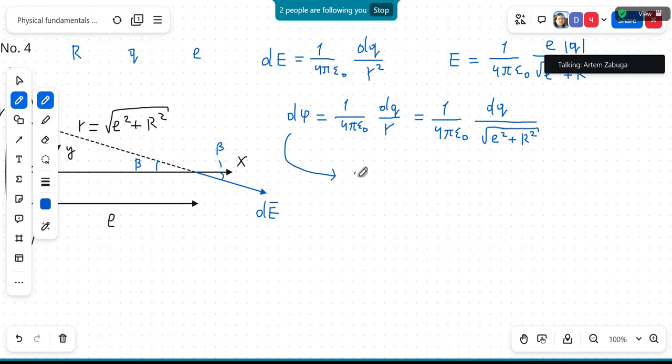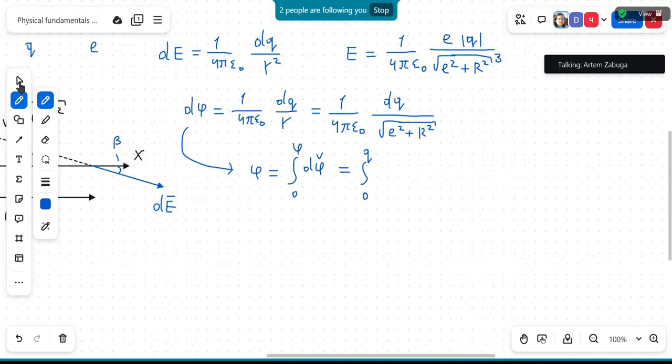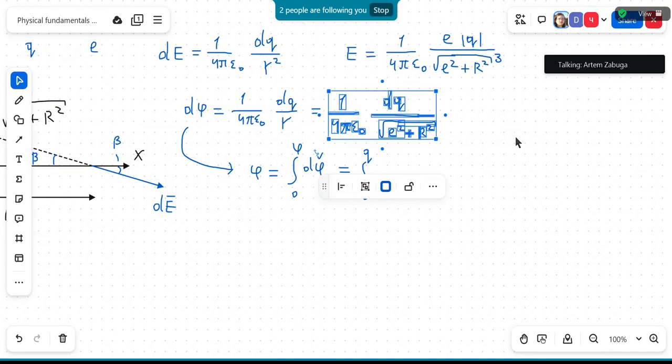So we have phi is equal to the integral of d phi with a hat, and this will be equal to the integral from 0 to some q.